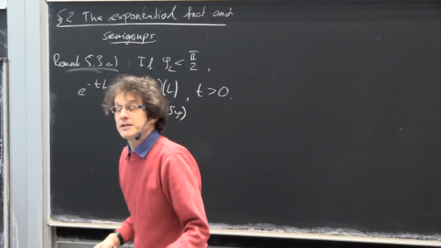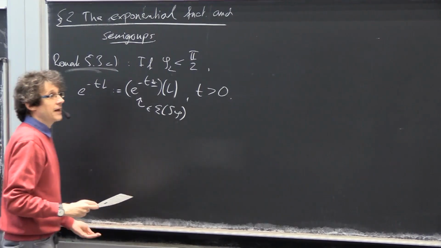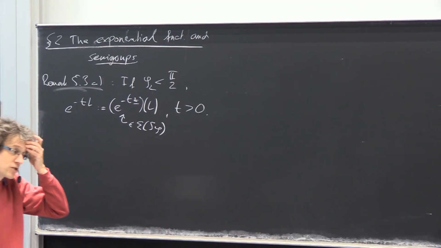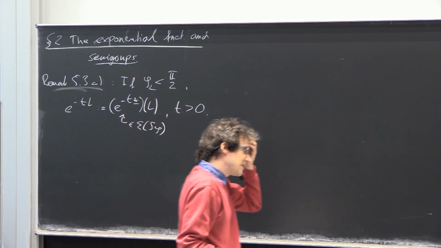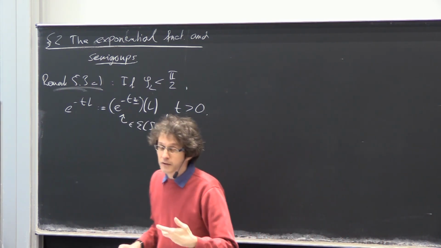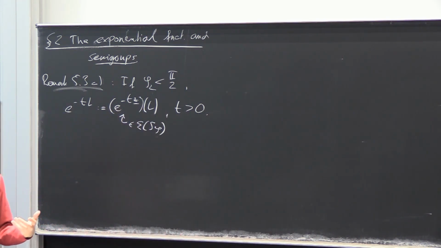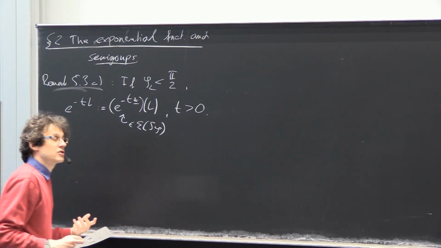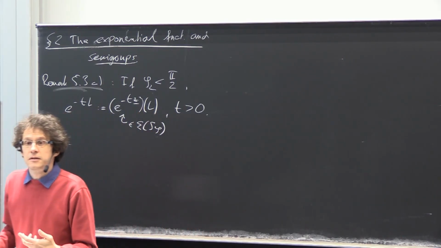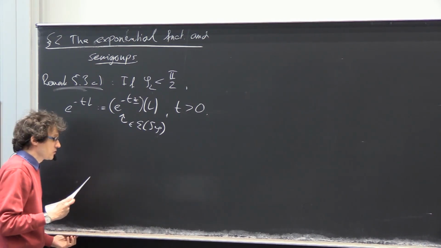And now this means we have an exponential function of our operator. And if you think back to your classes in ordinary differential equations, you might have seen an exponential function of a matrix, so of a linear operator on a finite dimensional space. There, in ordinary differential equations, this exponential function is used to solve linear equations. And somehow now we could do the same.